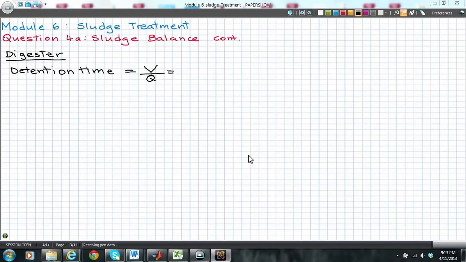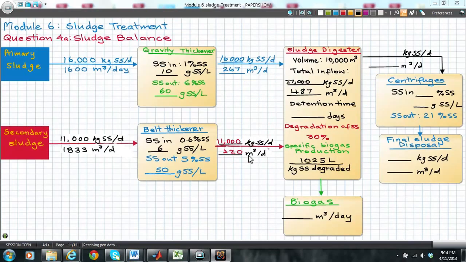So we know that the volume of the digester is 10,000 cubic meters, and we just calculated the total volumetric flow rate of 487 cubic meters per day, which then gives us a detention time of 20.5 days. So our detention time is 20.5 days.